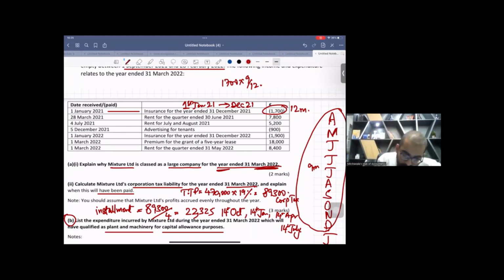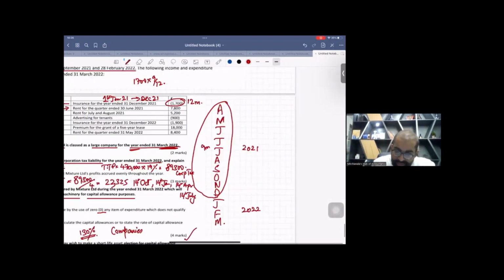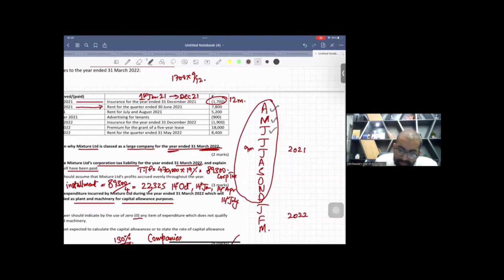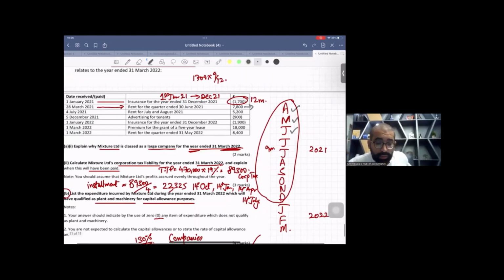Now, on 28th March 2021, the date is in the last accounting period, but let's see the period it belongs to. The rent is for the quarter ended 30th June 2021, so this 7800 rent is for April, May, and June.